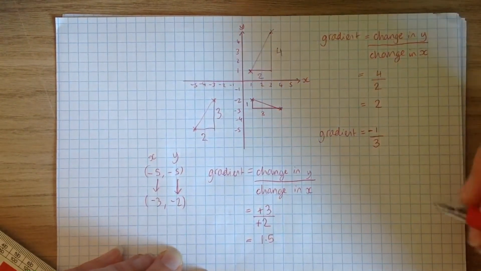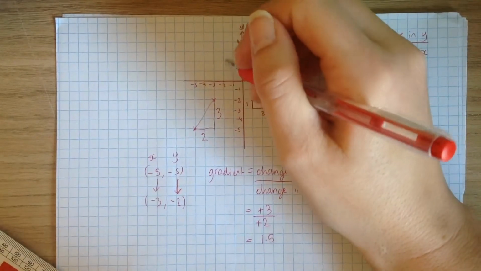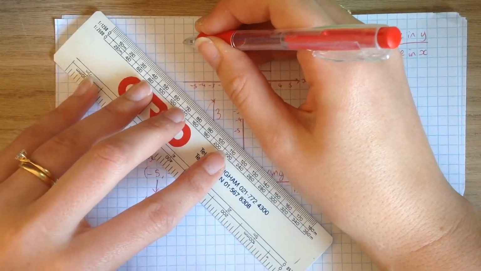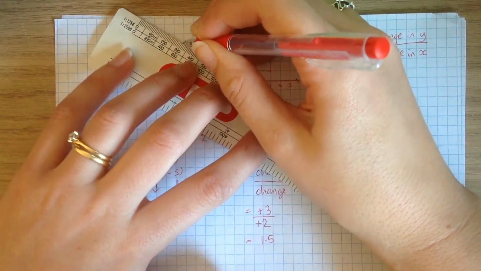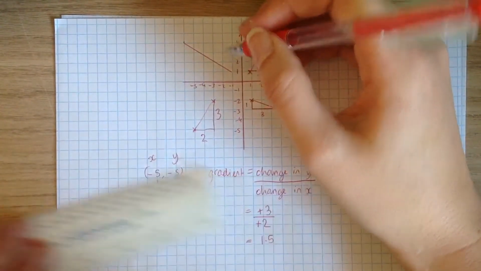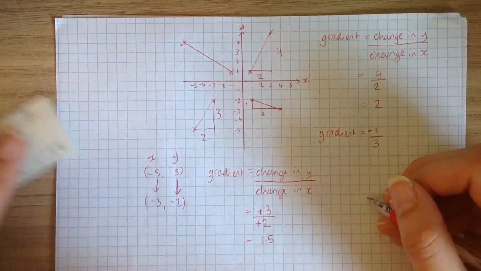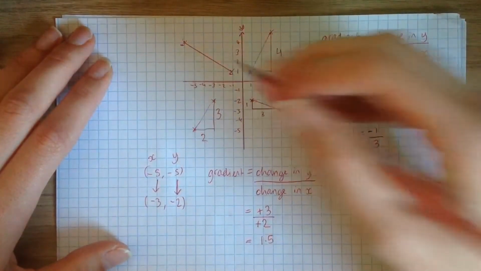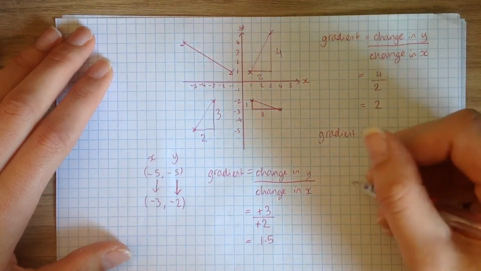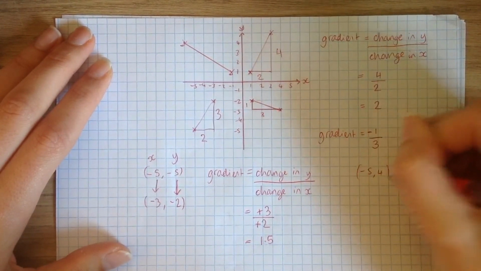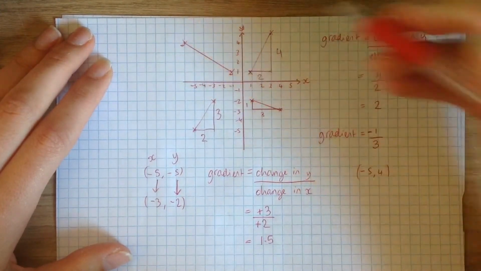Okay, I'm going to do one more example with a negative gradient using the coordinates rather than the grid. So my first coordinate is (-5, 4). My second coordinate is (-1, 1).